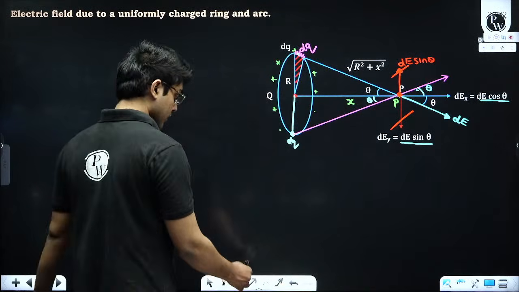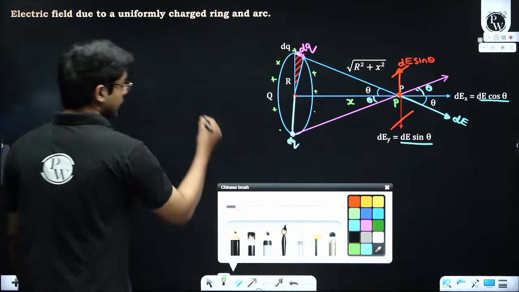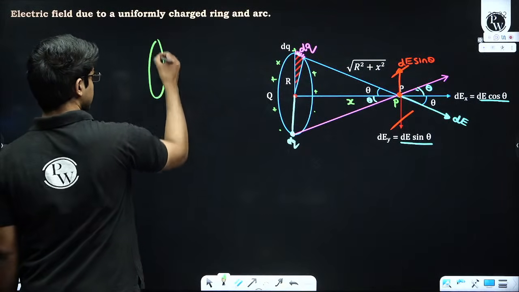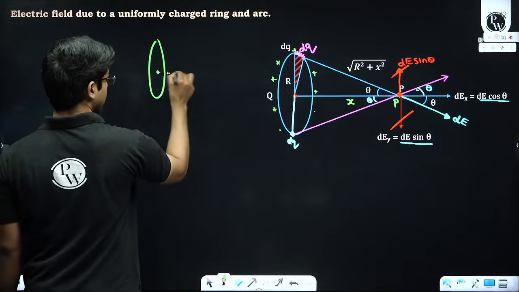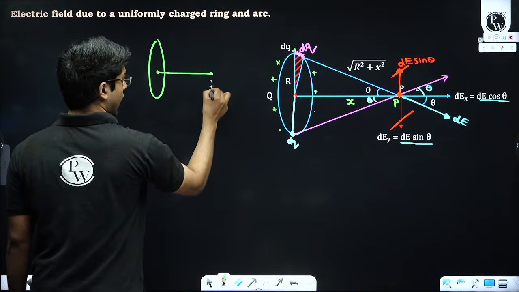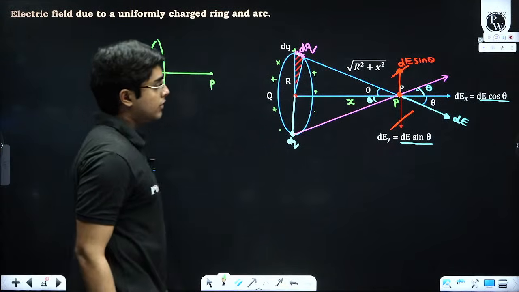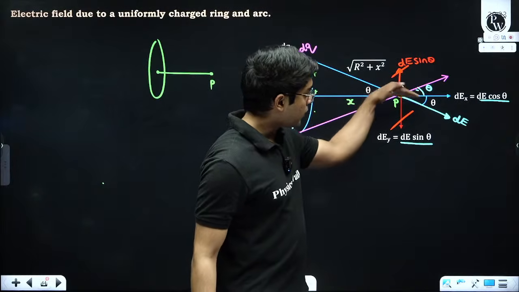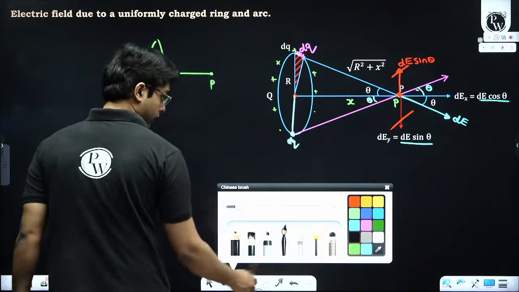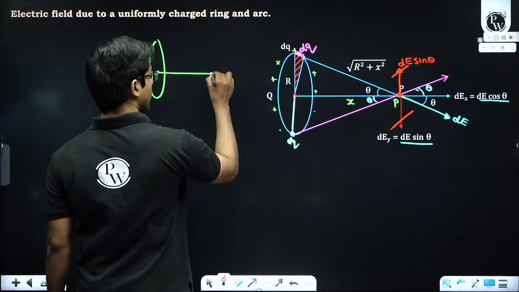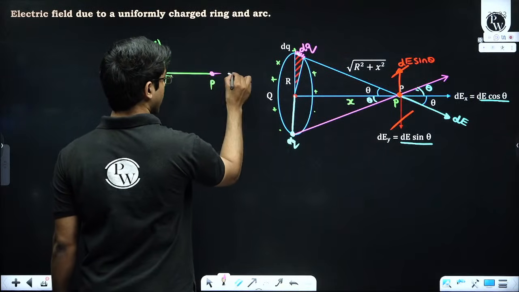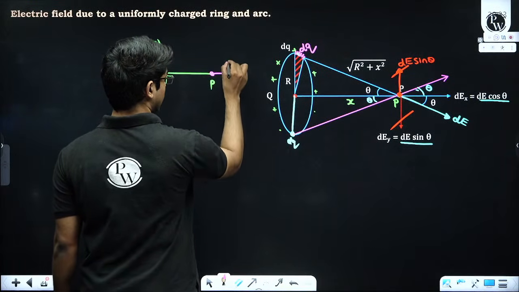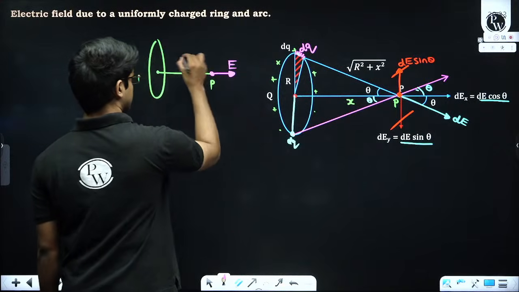So by noticing that, the first thing you should understand is, if you have a circular ring, at the point P there will only be a component of the field along the axis. So the net field will be along the axis.